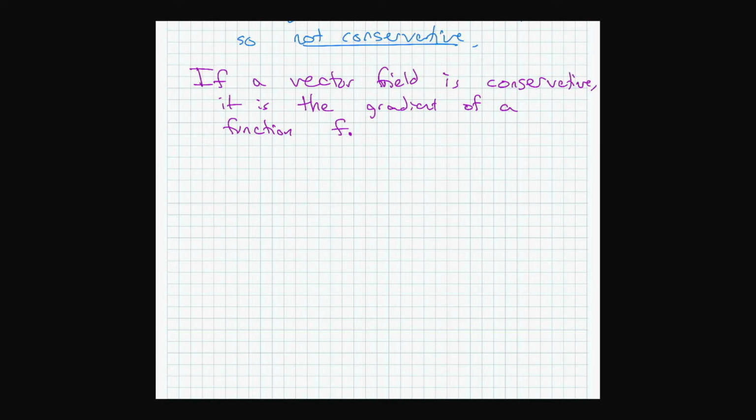So the relationship is this: if you take the gradient of little f, you get the vector field F. We call the little f the potential function.